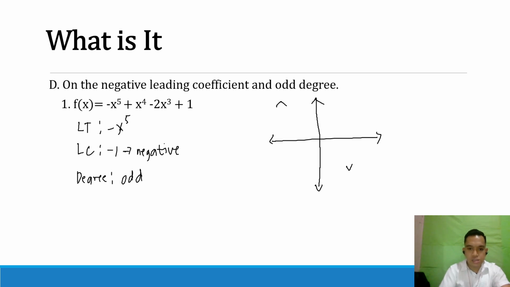Then dadaan siya sa positive 1 dito. So, ganyan yung possible sketch ng ating graph sa letter D.